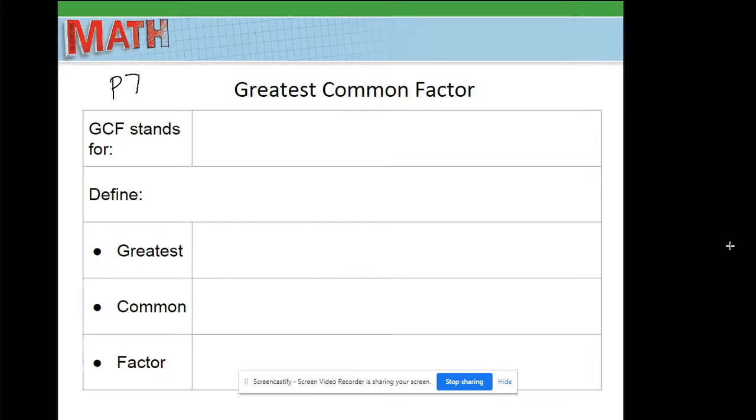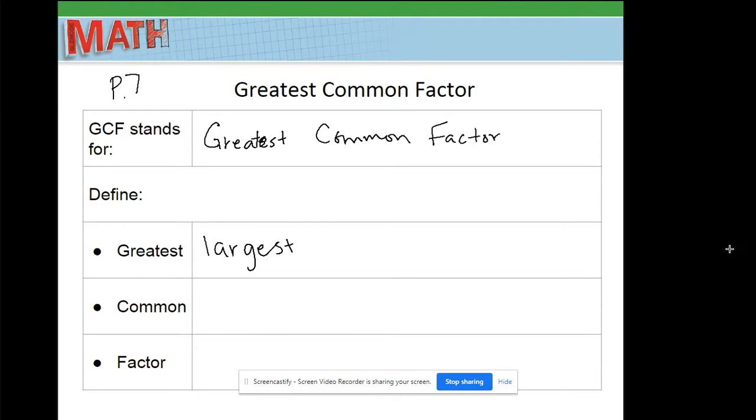Okay, so GCF stands for, of course, greatest common factor. If you have your book, please write this down in your book. Okay, again, we're on page 7. All right, greatest means the largest or the biggest. Okay, so we're breaking this down.